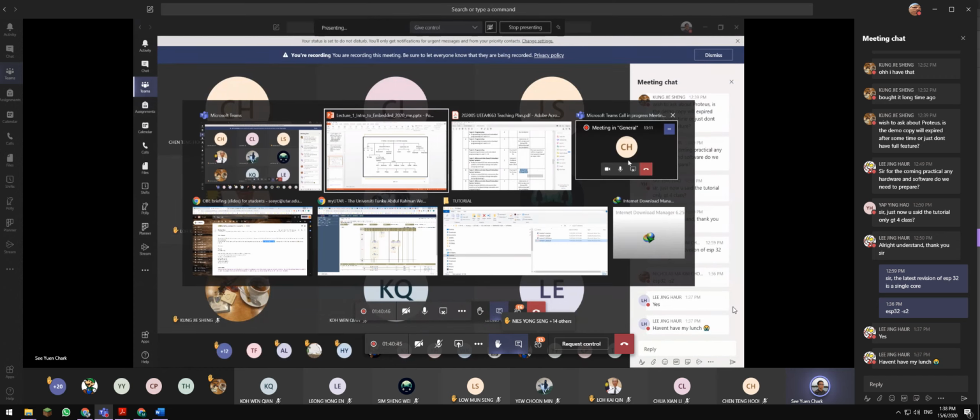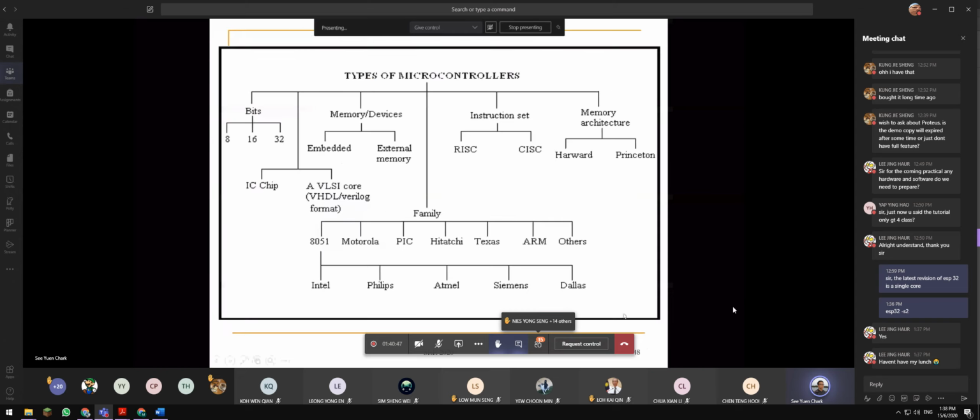We come back to this slide. Okay, this slide is very interesting. There are a lot of things that can be discussed in this slide. So, types of microcontroller: of course they have 8-bit, as you know.